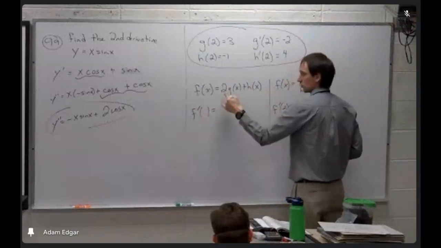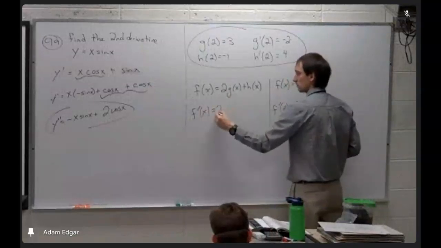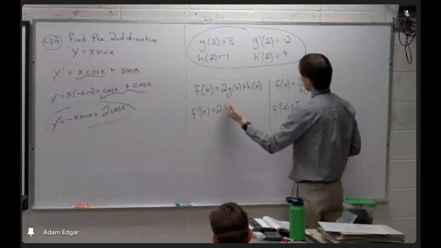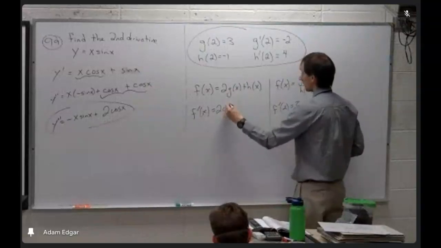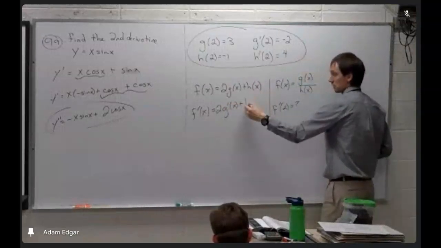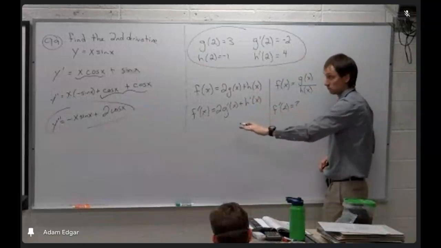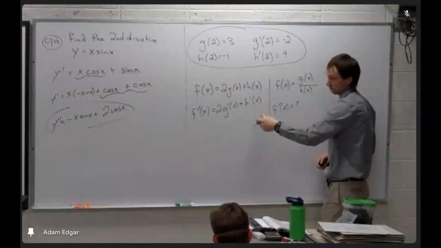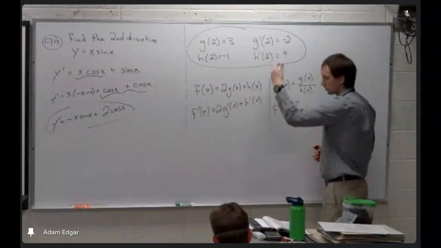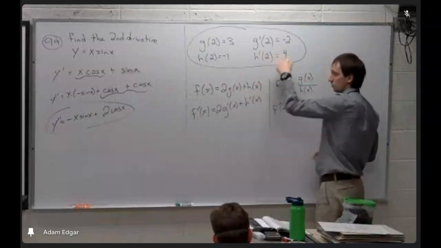So what's the derivative of 2g? 2 times g prime plus h prime. Any need for product rule? No, because nothing's getting multiplied that both involves x. So that's it. And then you just plug in 2 and say, oh, I know g prime of 2, I know h prime of 2, and you're on your way.